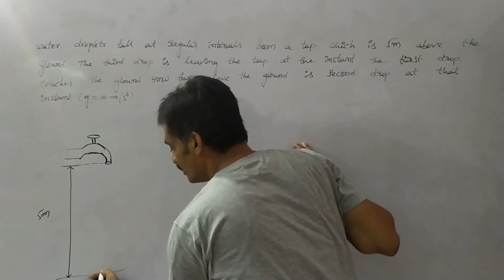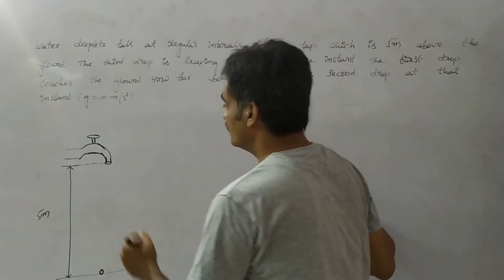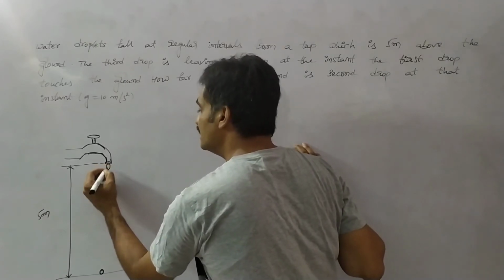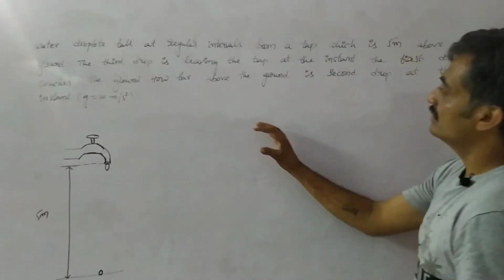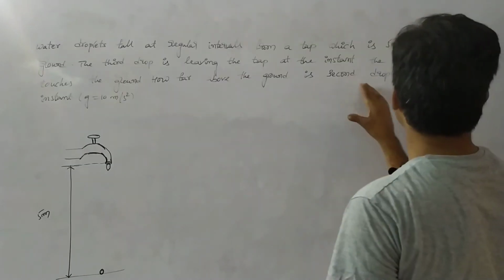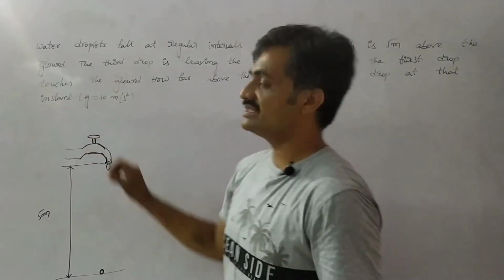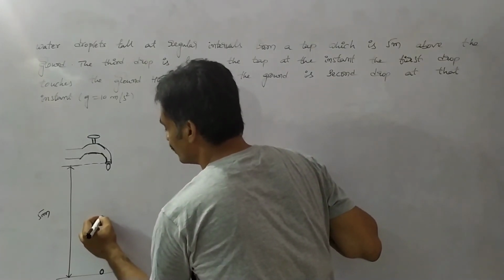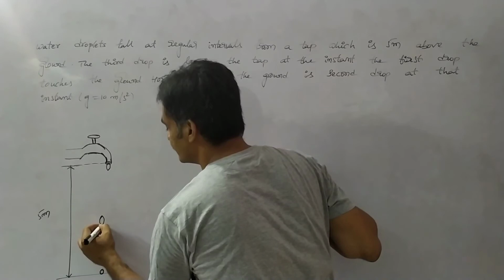As the first drop touches the ground, the third drop just tries to leave the tap. How far above the ground is the second drop at that instant? So now we have to find the height of the second drop at that instant.